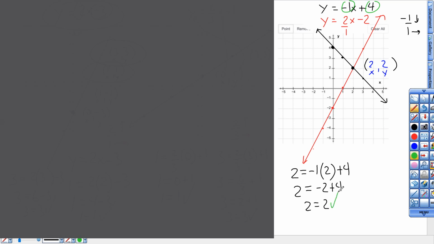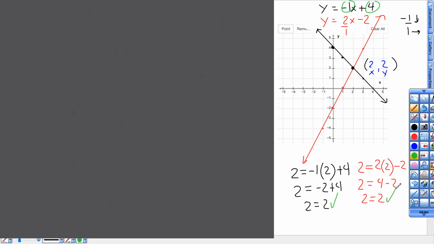It gave me a true statement. If I plug that 2 into the other equation in red, it will also give me a true statement. It will give me a double true statement. That point satisfied both equations. That point is a solution to what we call a system of equations. That's what we're eventually looking for.